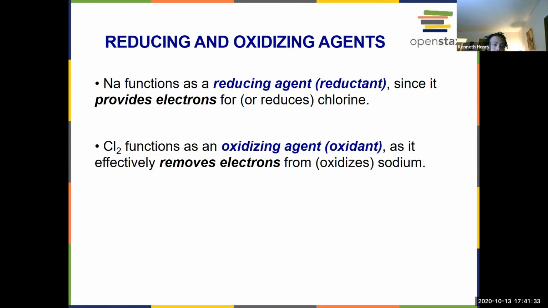Now, oxidizing and reducing reagents are kind of switched, right? We knew that the metal was being oxidized.